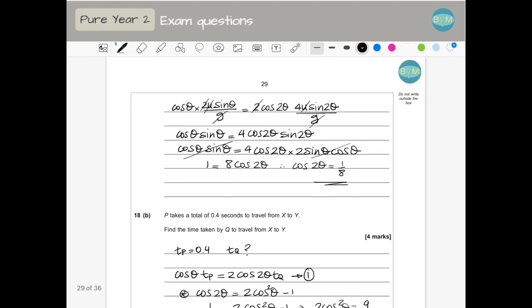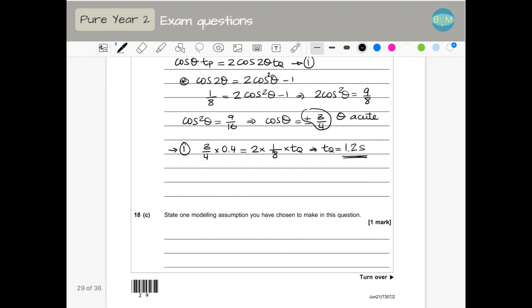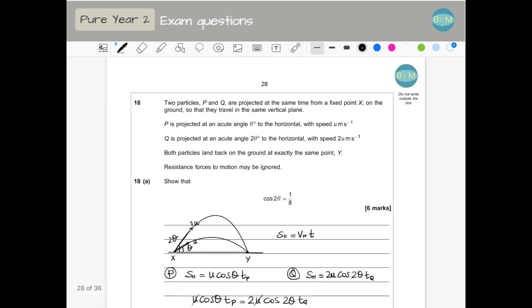So I would just say that we are assuming that the ground is flat and X and Y are at the same level. Something like this. You can explain with your own words. That is what we are assuming, actually. Yeah, and that's all with this question.